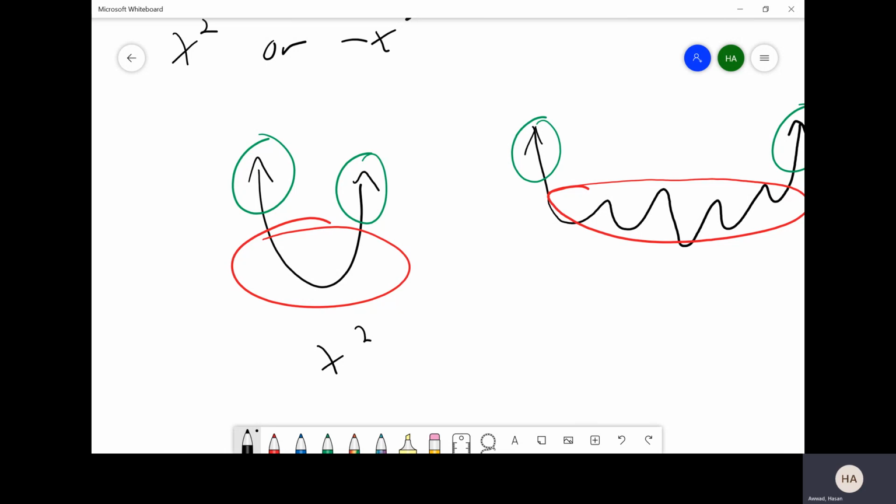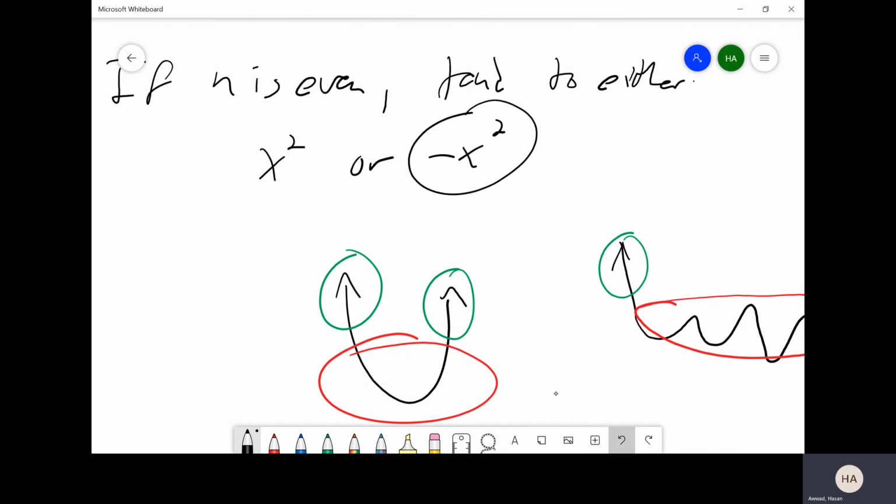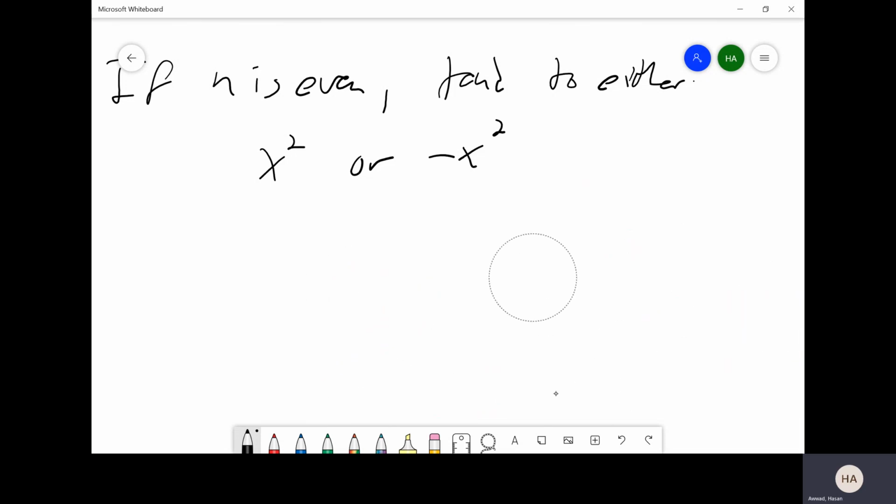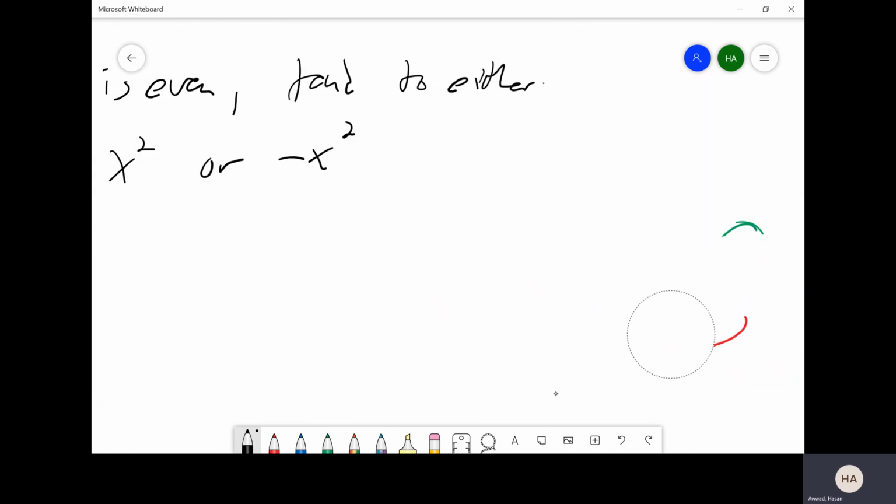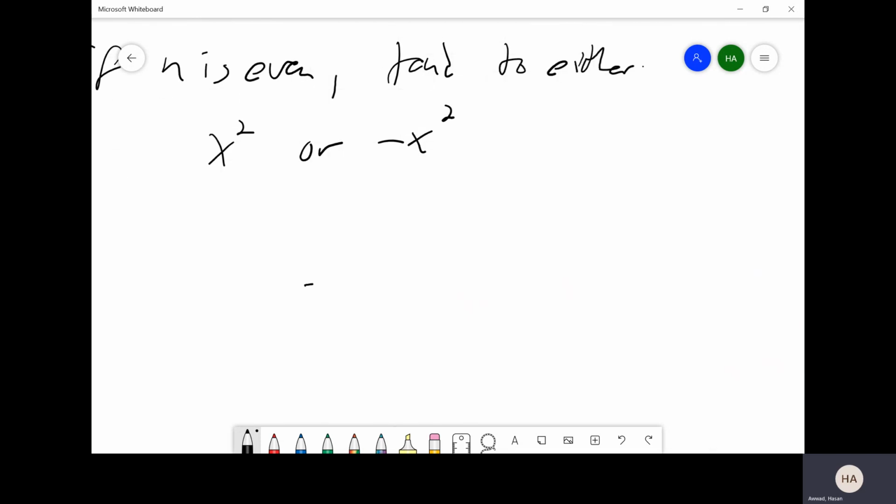And negative x squared, when we're talking about this piece in particular, that is just depending on the sign of the coefficient, right? So we talked about before when we were talking about parabolas, in the last lecture, how your a, your leading coefficient, determines whether or not the parabola opens upwards or downwards. So if a was negative, if we had a negative x squared, your parabola opens downwards, right? And notice how the pieces that we care about that are going off to infinity are both pointing downwards.